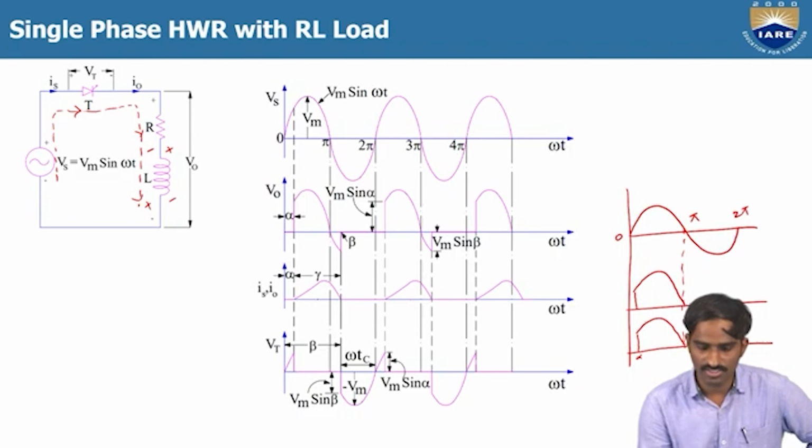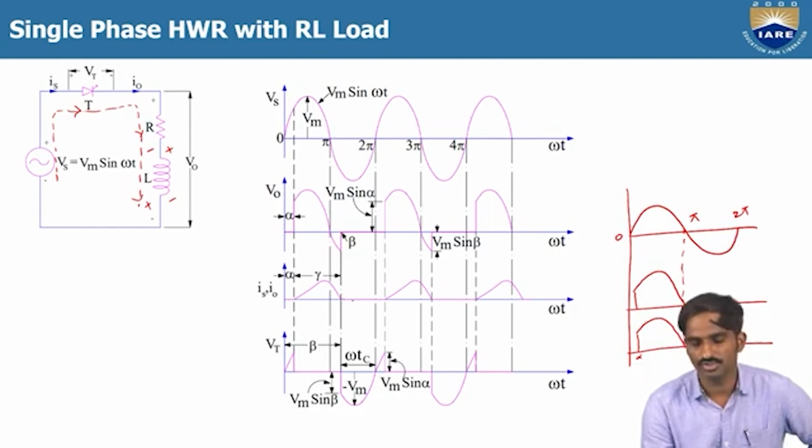The conduction period in this case is alpha to beta, not alpha to pi, because for some duration from pi to beta, the thyristor is still in the conduction mode. When it reaches beta, the thyristor will stop conducting, and the load voltage and current will become 0.